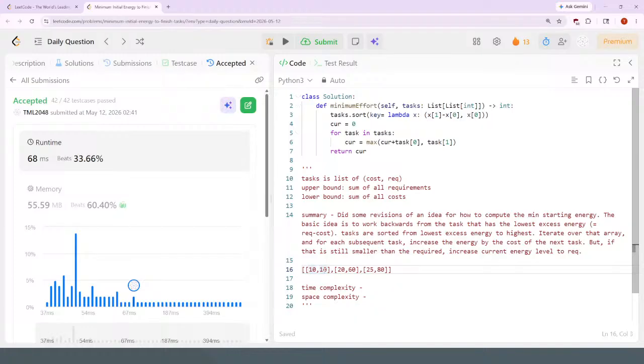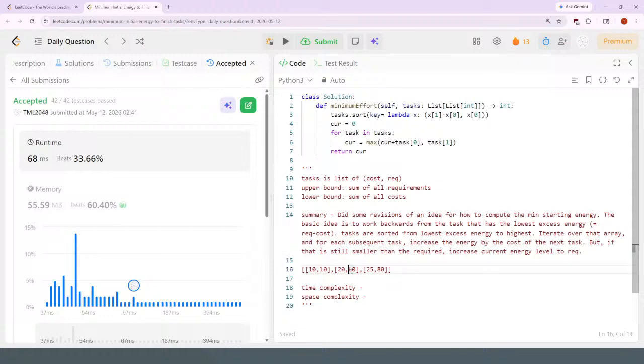But anyways, 10 plus 20 is going to give you 30. But because 30 is lower than the 60 here, then you need to bump up to 60. So you need to have 60 energy heading into this task, spend 20 of it to be down to 40. 40, you spend 10 of it, and you're down to 30, but that all works out.